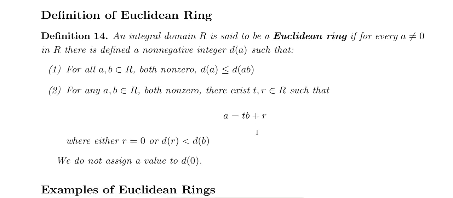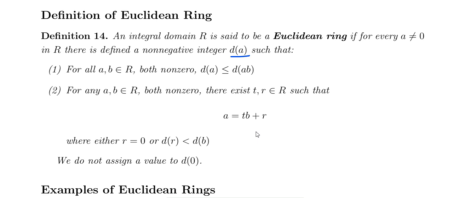So it's a very important one, that is the Euclidean ring. I think we saw it a little bit yesterday. An integral domain R is said to be a Euclidean ring if for every non-zero element a in R, there is defined a non-negative integer d of a, such that for every a comma b in R, both non-zero, d of a is less than or equal to d of ab.